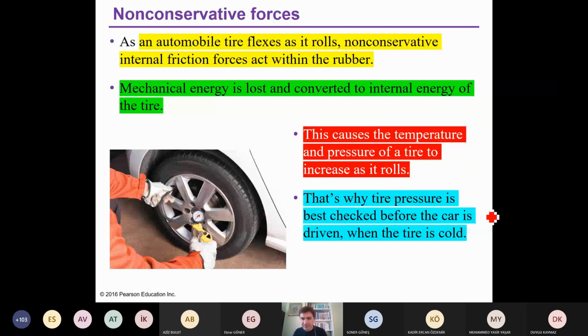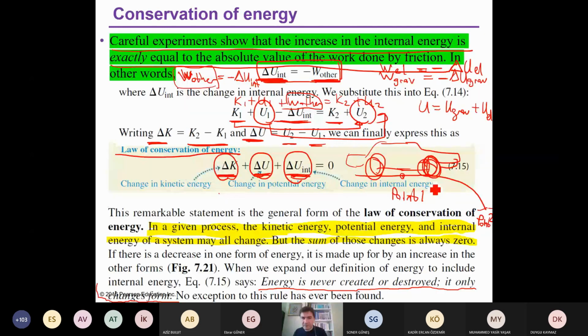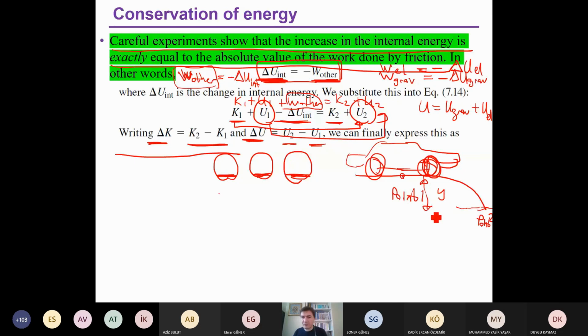Let's say there's a height difference here. Maybe I should draw it like this. Let's consider this is y, between these two positions. And here, the car is at rest. K1 is 0. Here, we have some certain kinetic energy, which is different from 0.